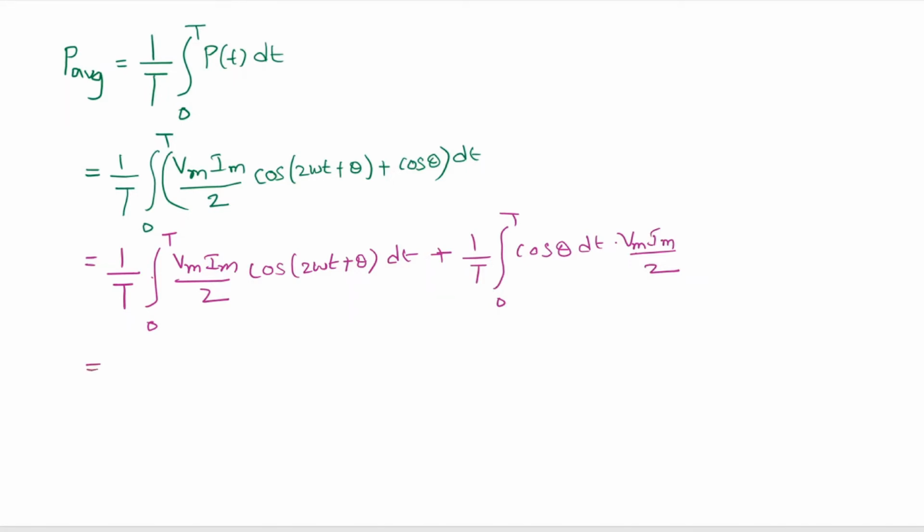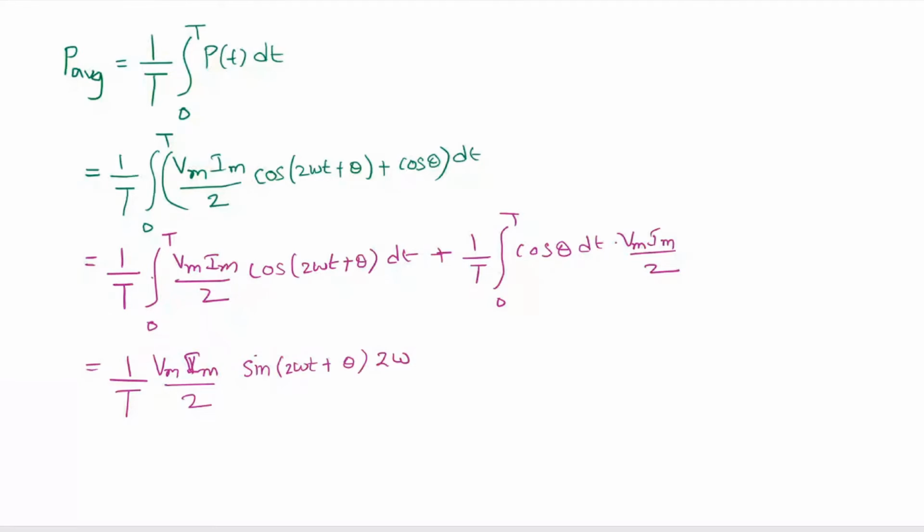So 1 by T, I am doing the integration. Vm is constant, Im is constant, 2 is constant, so bring them out. Vm Im by 2 into the integral of cos 2 omega t plus theta, which is sine 2 omega t plus theta divided by 2 omega.